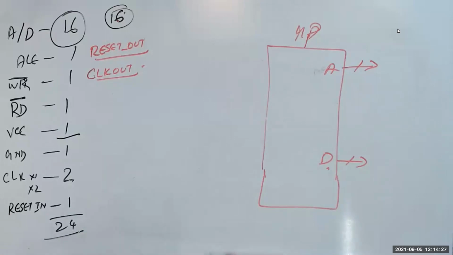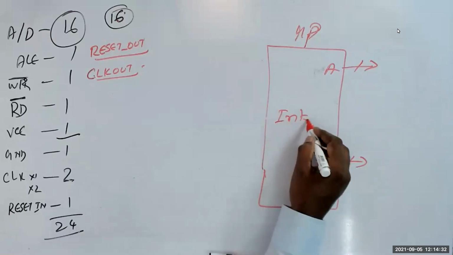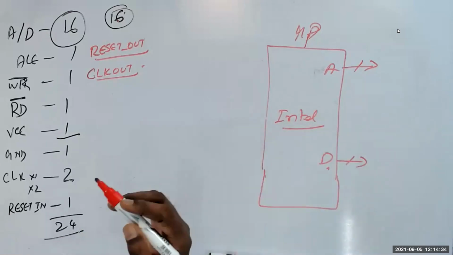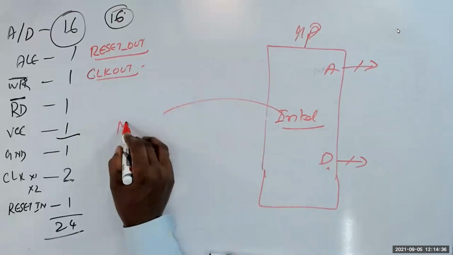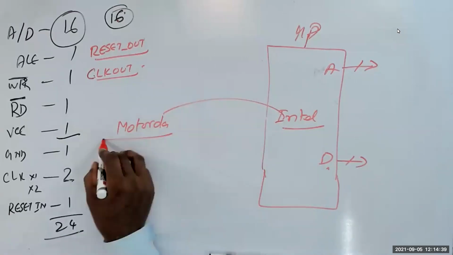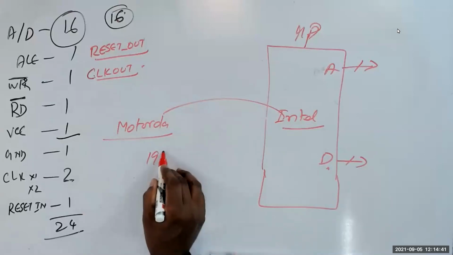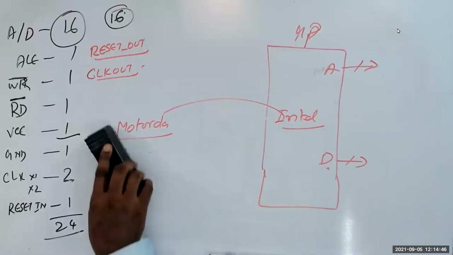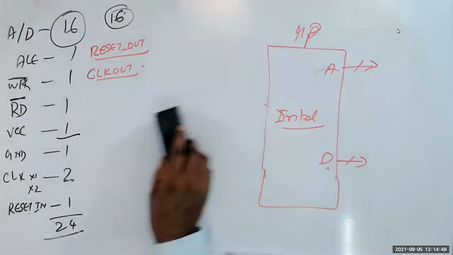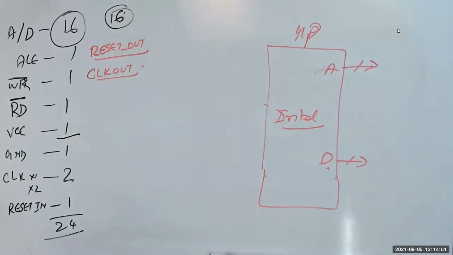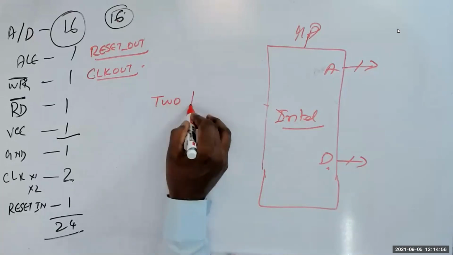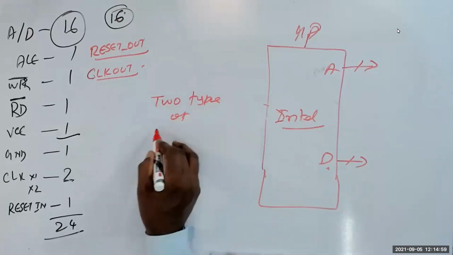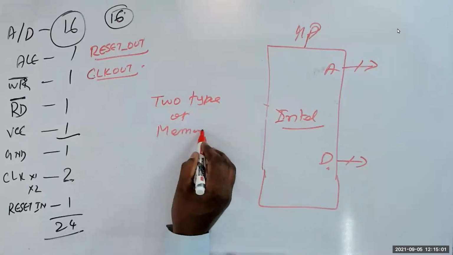these microprocessor manufacturers, especially Intel in the initial days. The equivalent competitor was Motorola; they were the actual competitors in the 1960s and 70s. What Intel thought was, when I'm writing into memory, there are two types of memory.